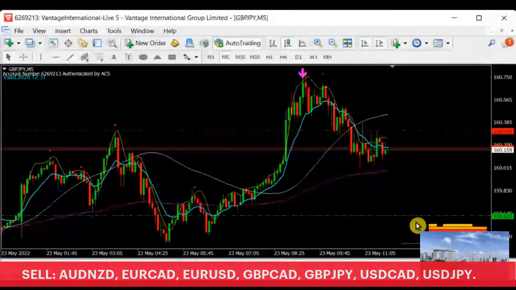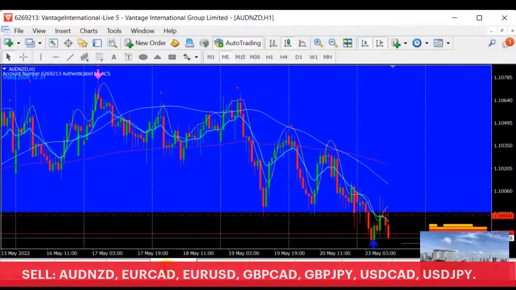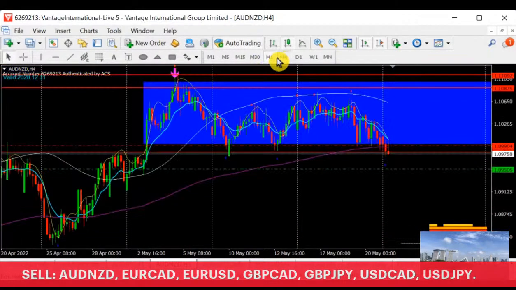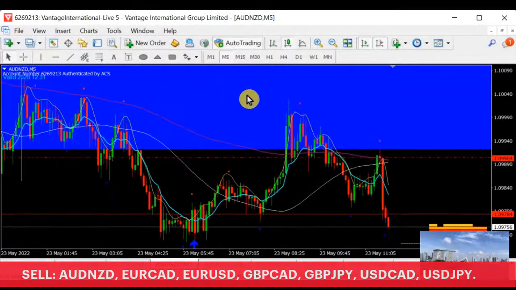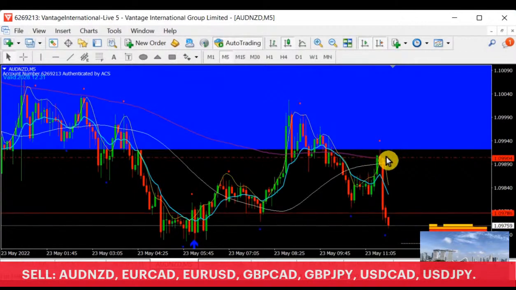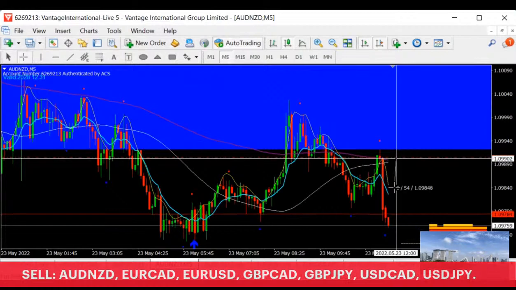Okay, so let's recap a bit on our Aussie Kiwi. Is there anything for us? Aussie Kiwi went up again. Oh my god, we missed this again. It retests the resistance and now it's short this way.